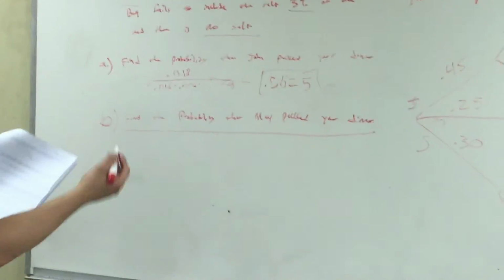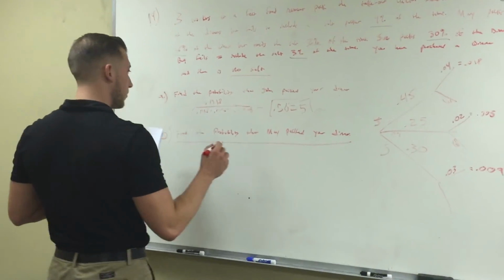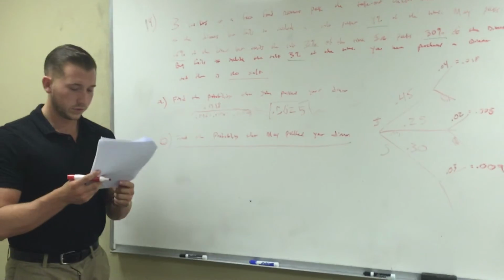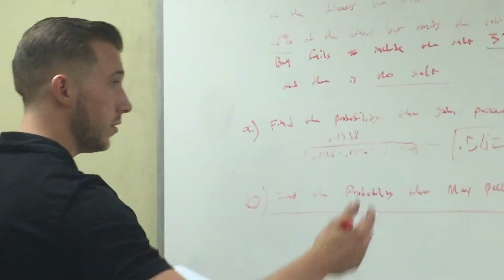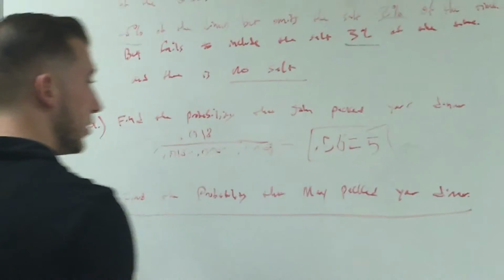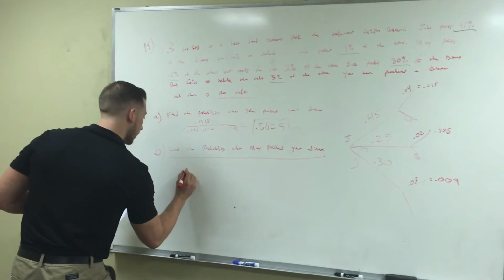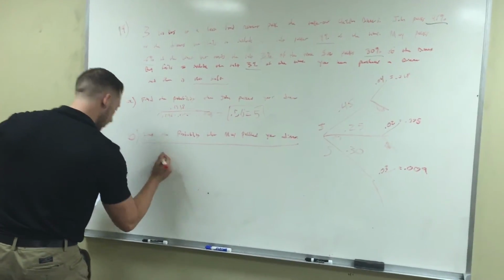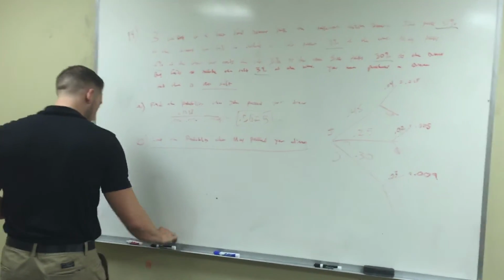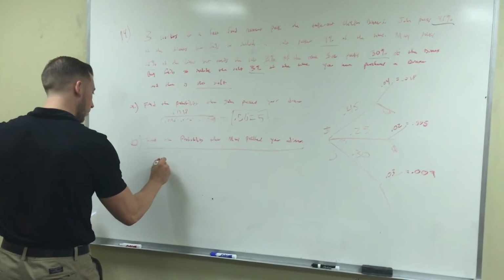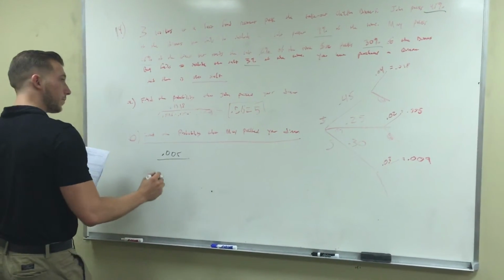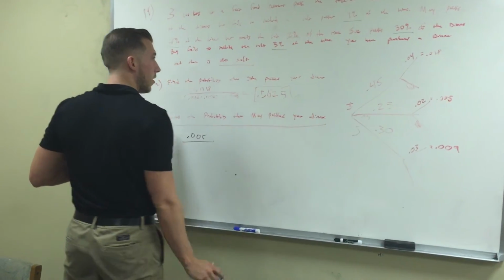So, next part B, find the probability that Mary packed your dinner. To do that, we just do the same thing. Mary's probability that there's no salt in the meal is 0.005. So we take that value, 0.005, and we divide it by the sum of all three outcomes.